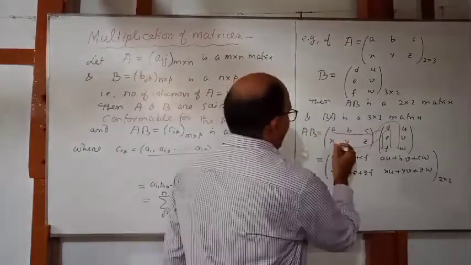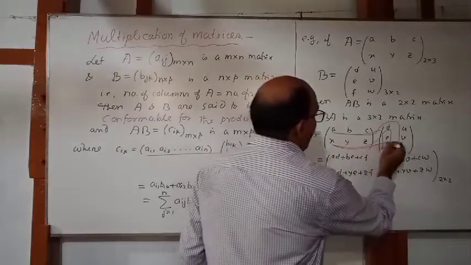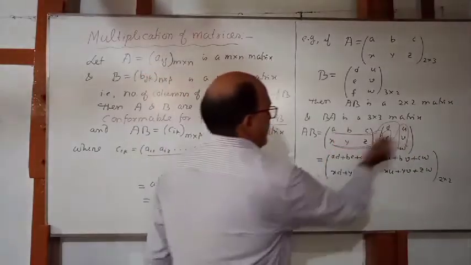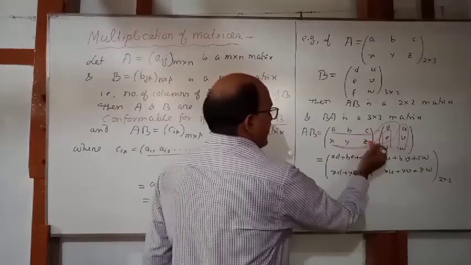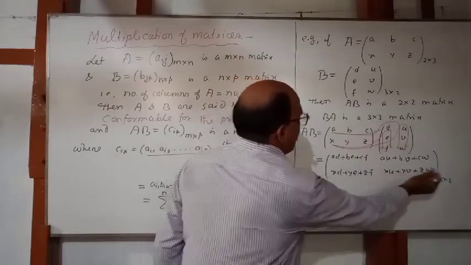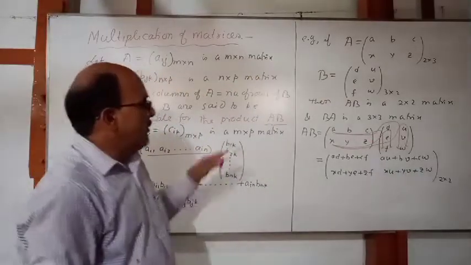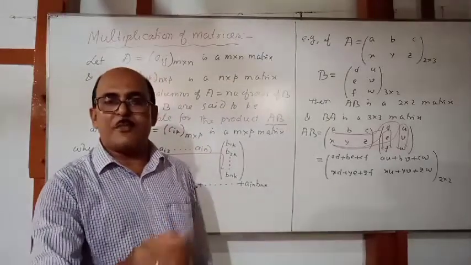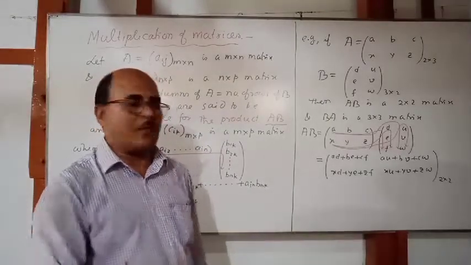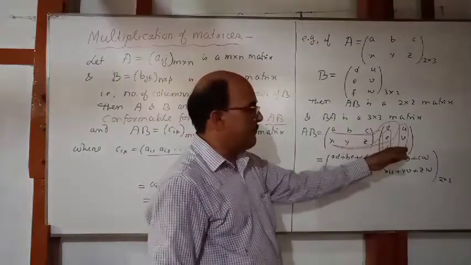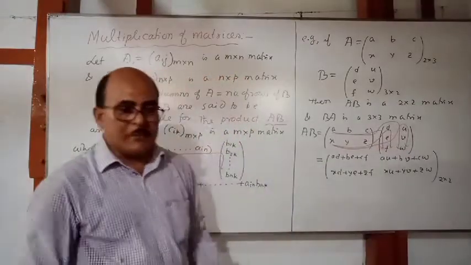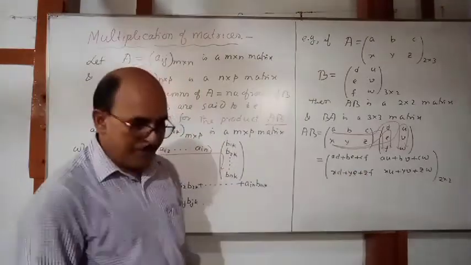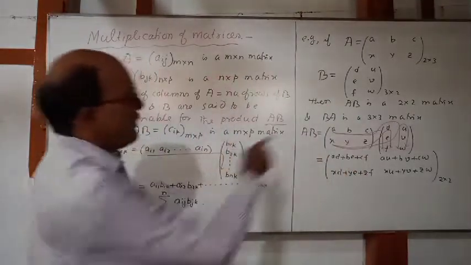Then the same action with the second row and second column: X into U plus Y into V plus Z into W. See, X, U, Y, V, Z, W. So horizontally and vertically downwards, but corresponding elements are to be multiplied. First into first plus, second into second plus, third into third. If there are double minus signs or one minus, one plus, you will see the plus minus signs also. So this is how we have found AB. AB is obtained and it is a 2 by 2 matrix obviously.